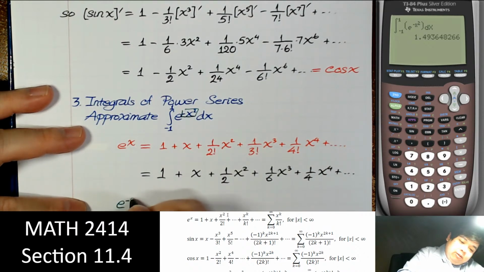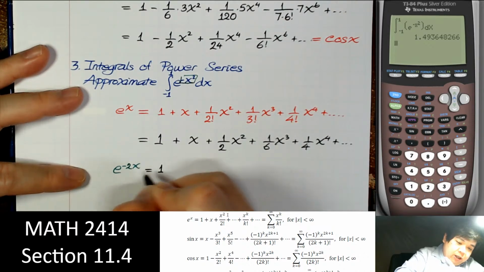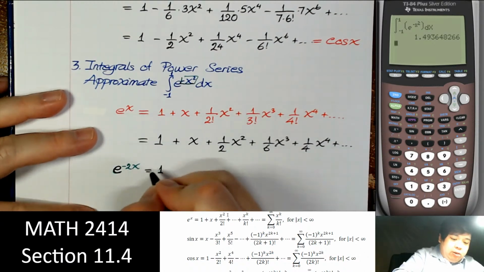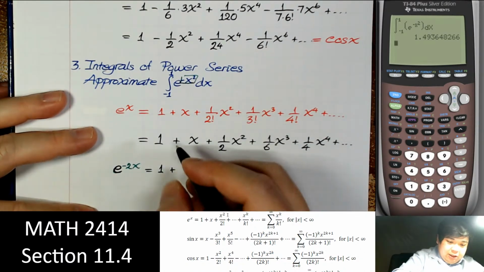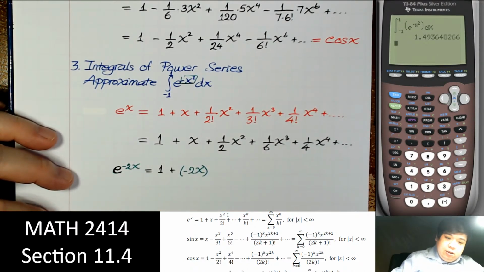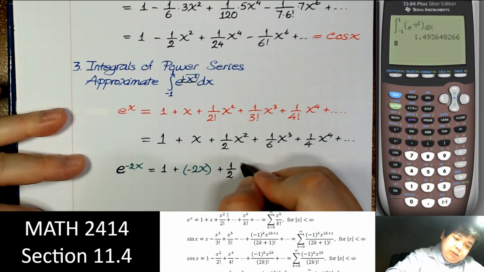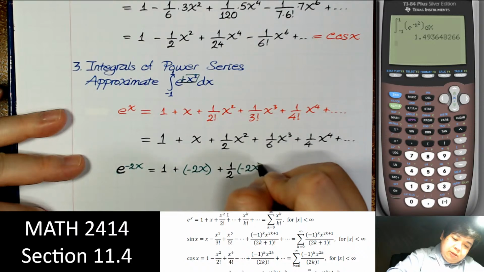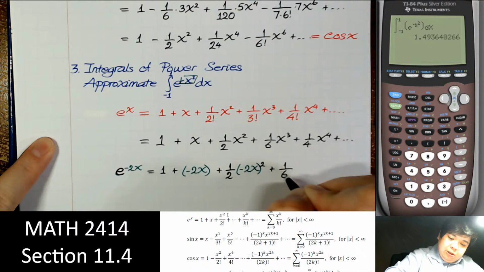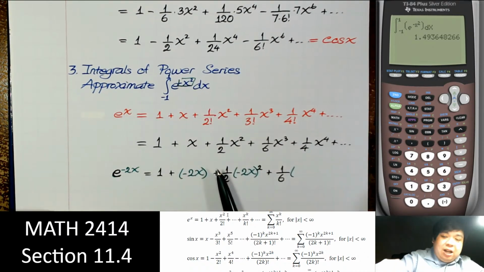So e to the negative x squared equals 1 plus negative x squared, substituting in for x. Wait, that is x squared, right? Sorry.